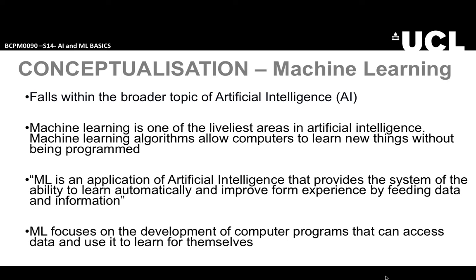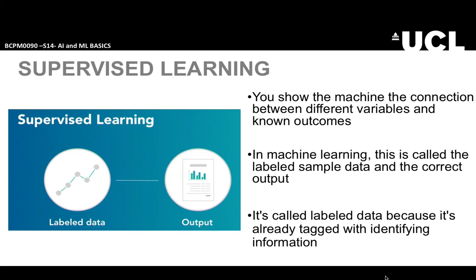As a definition, we can take that machine learning is an application of artificial intelligence that provides the system the ability to learn automatically and improve from experience by feeding data and information. Currently, machine learning is focused on the development of computer programs that can access data and use this data to learn by themselves. And the main question around machine learning is, how do machines learn?